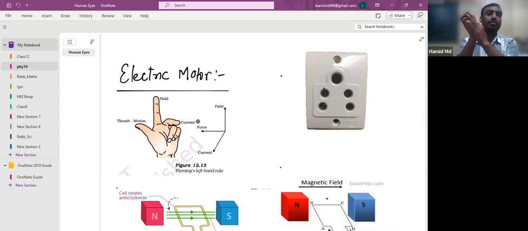So we studied about induction. What is induction? We studied about electromagnetic induction, right? Can you answer what is induction? I don't remember. Any of you? Jaslene, what is electromagnetic induction?